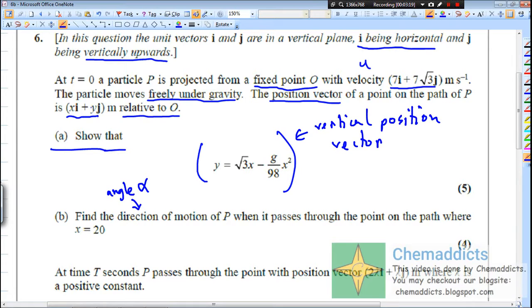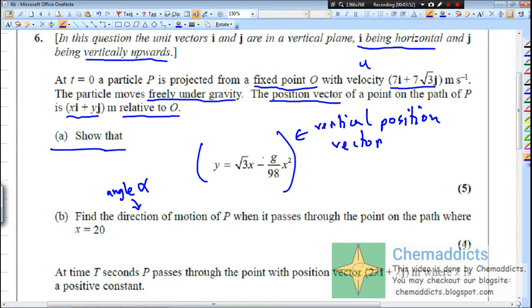We can see that the vertical component, the component of j, has this Y. So since the vertical component of the position vector is Y, this should be the vertical component of the position vector. That's it, we have found it.